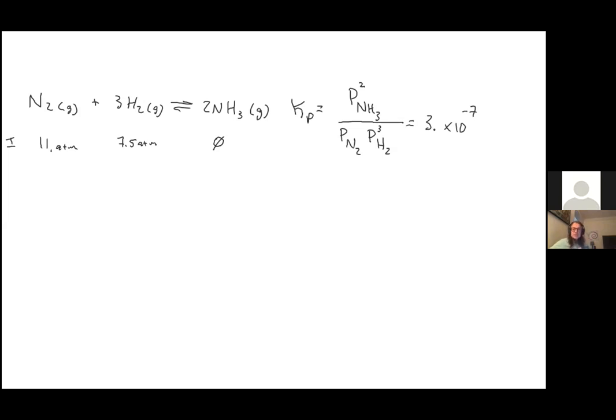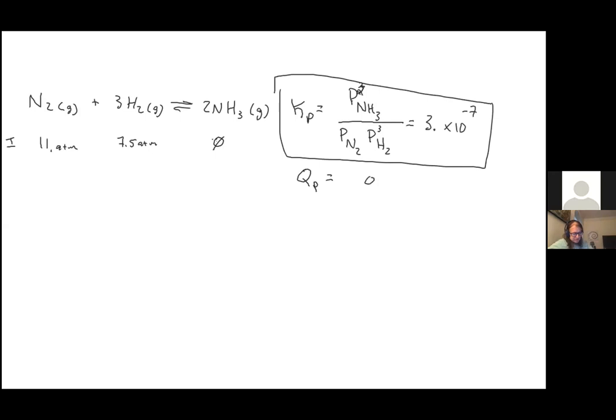Now here's what happens. Remember what we said is that no matter what your initial concentrations or pressures are going to be, it's going to come to equilibrium until this ratio is equal to that value. So what I'm going to do is calculate what's called QP. And QP, all you do is you put in the pressures that are given into the equilibrium expression for Kp. So ammonia is 0.